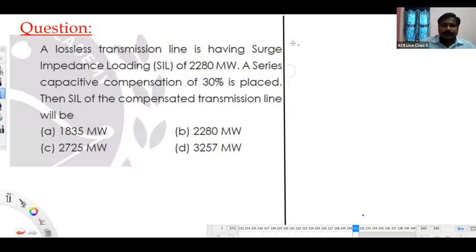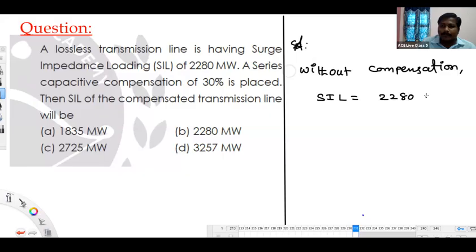Simple, very simple. Without providing any compensation, the SIL value is given as 2280 megawatts. I'll say it's SIL1, which is nothing but V square by ZC1.